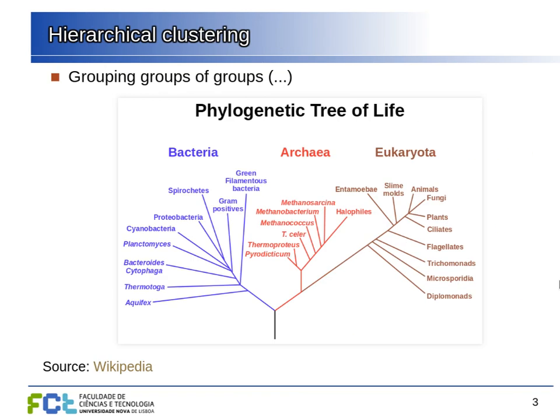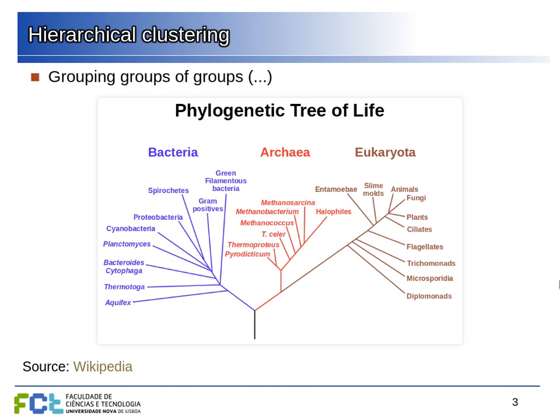So first, let's start with the idea of hierarchical clustering. We want to create groups, but not all at the same level. We want to create groups of groups. This can be useful to represent something like in phylogenetics, where you have this tree of life.